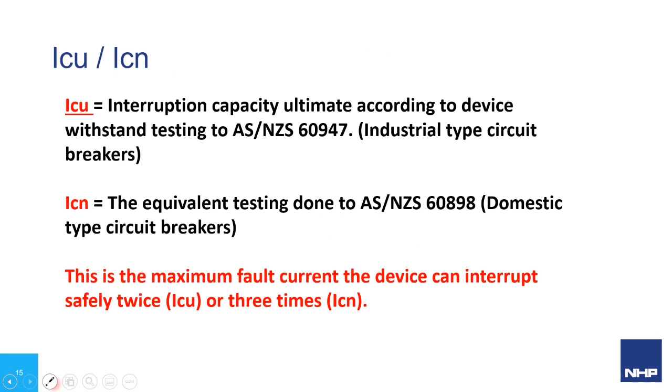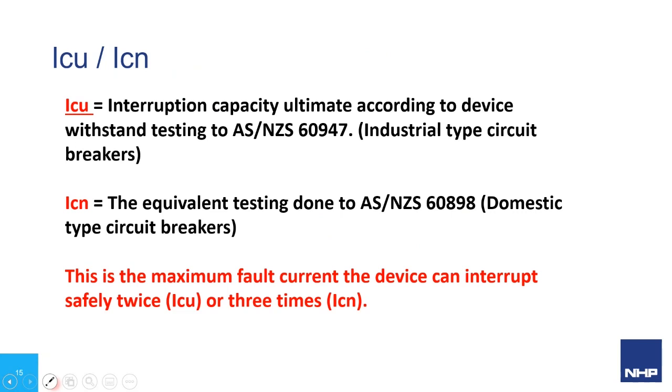These are circuit breakers that are designed to be maintained or operated by trained staff. ICN is the equivalent testing done to AS/NZS 60898 and is for domestic type circuit breakers. These are circuit breakers which are designed to be operated by unskilled or untrained people.